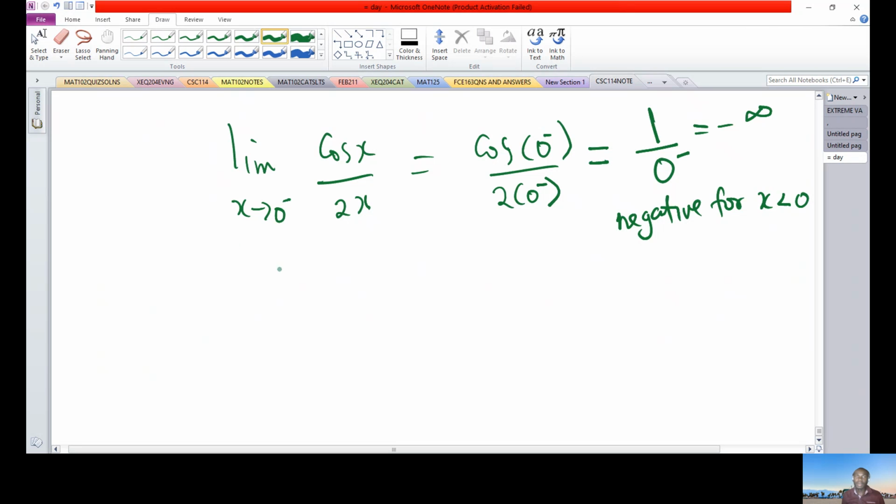Please remember that infinity and positive infinity have the same meaning.